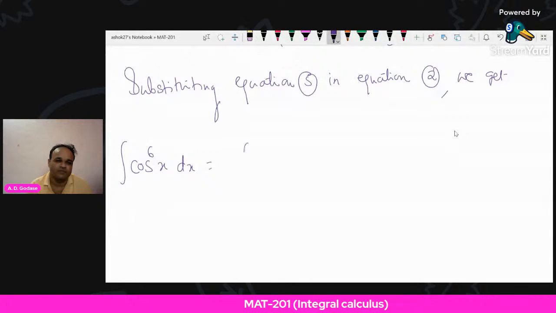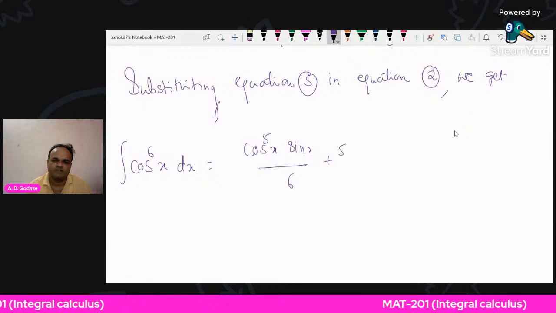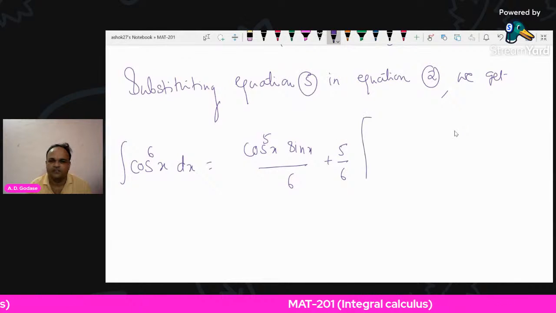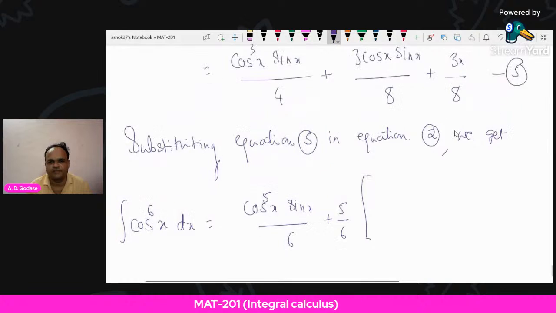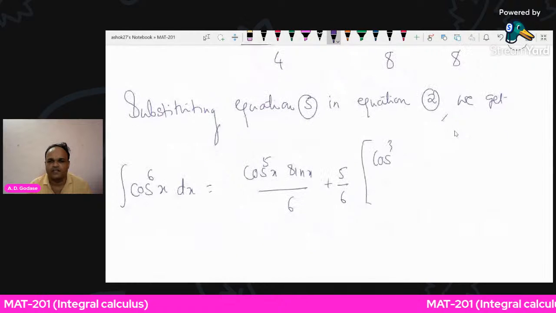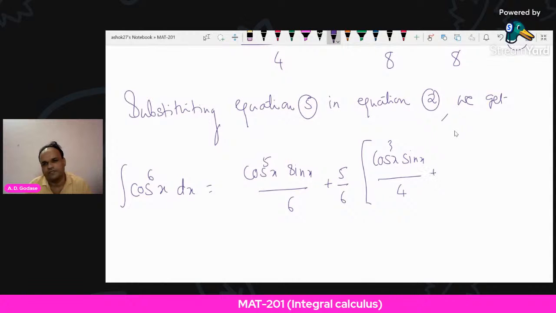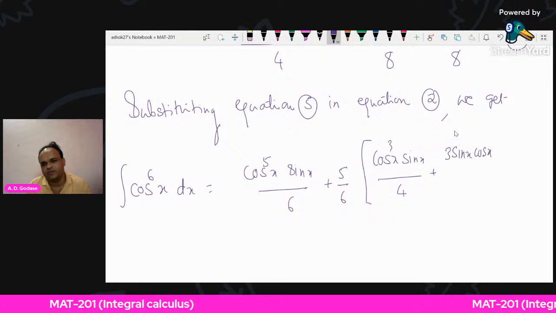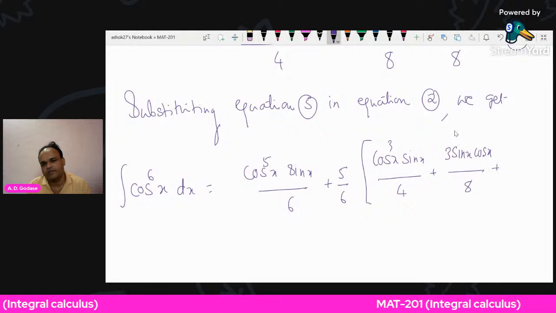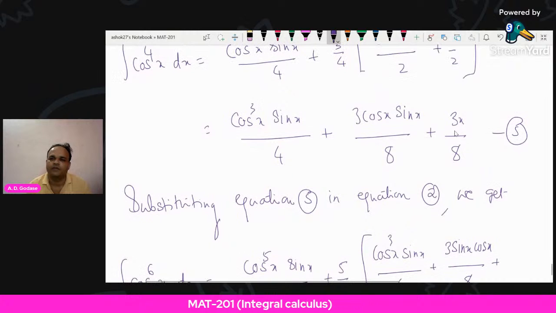It will be cos raised to 5x into sin x whole divided by 6 plus 5 by 6 times the value of this integration, which is cos cube x into sin x divided by 4 plus 3 sin x into cos x divided by 8 plus the last term, 3x divided by 8.